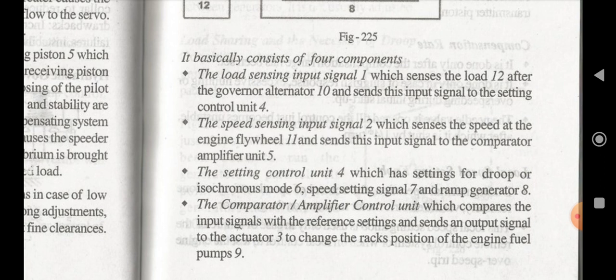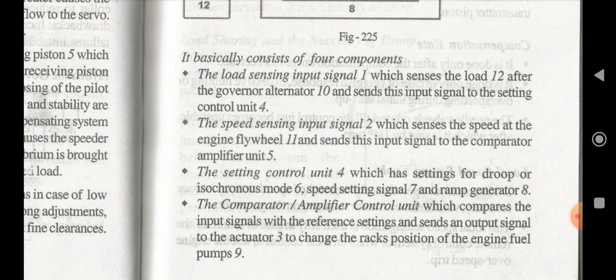The speed sensing input signal will sense the speed at the engine flywheel and send an input signal to the comparator amplifier. Setting control has settings for droop or isochronous mode, speed setting and ramp generator.